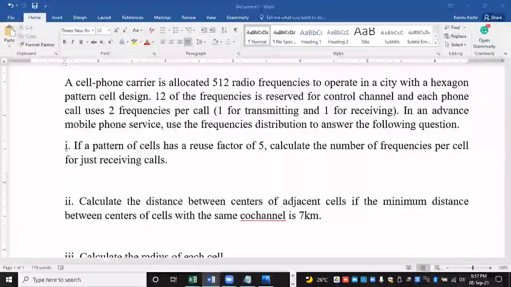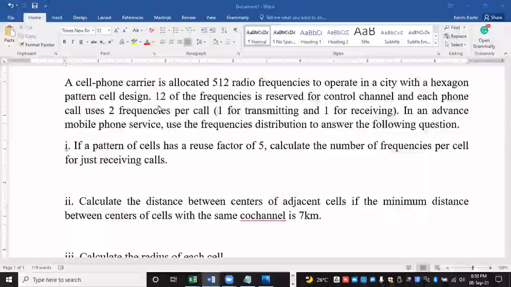He's gone now. Okay. So this was the scenario that you had: an ISP that has been allocated 512 radio frequencies for a city cellular network of operation, implementing a hexagon cell pattern for their design.